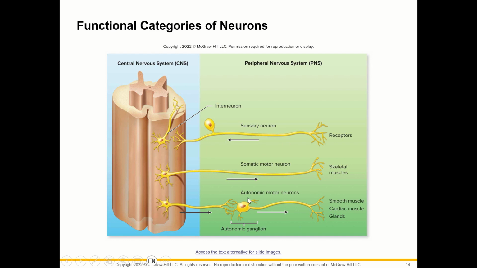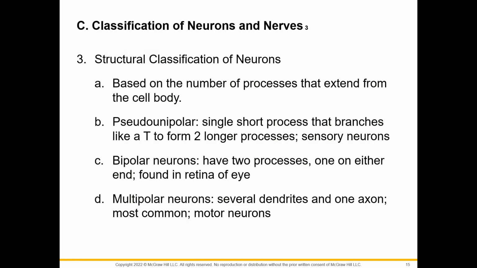Notice that there's going to be some ganglion here in the autonomic motor neurons. That's going to be important when you get to the chapter on the autonomic nervous system. They're going to talk a lot about that. They are going to be found in both the sympathetic and parasympathetic nervous system subdivisions of the autonomic nervous system.